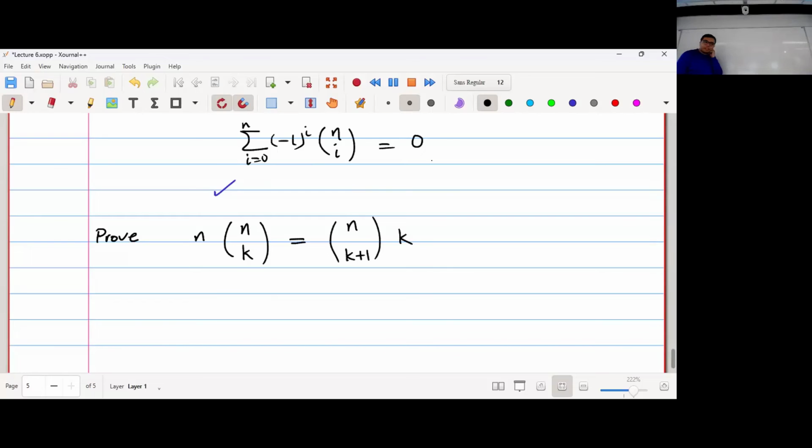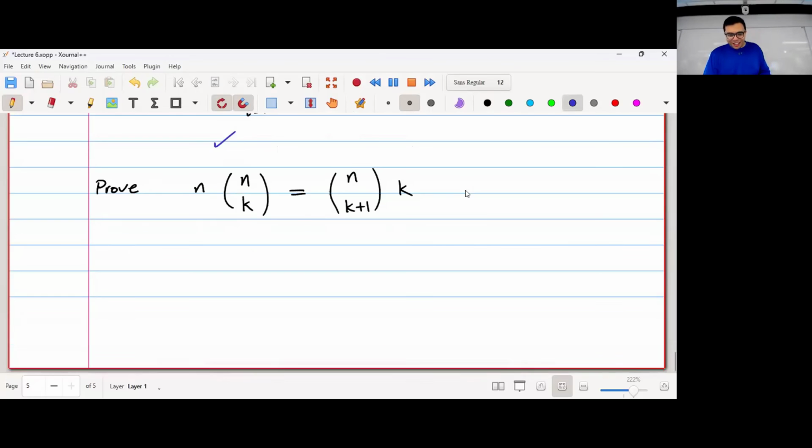Now, this is one of those examples where you can just write the formula, play with the factorials, get the result. I'm not going to do it. I just don't like doing that. So give me a combinatorial proof, a counting proof for this. And also here, I'm assuming that n is at least k plus 1, of course, because otherwise this doesn't make sense.